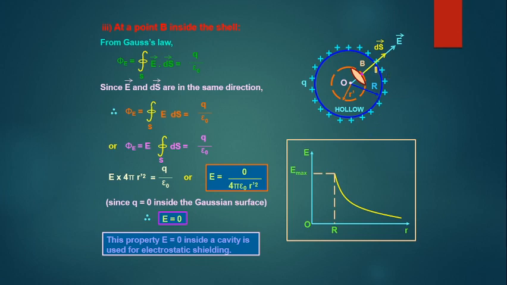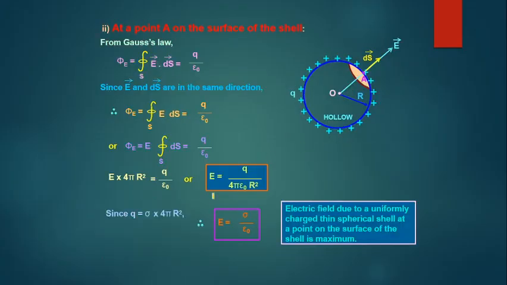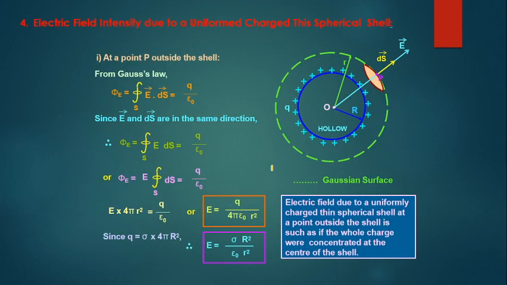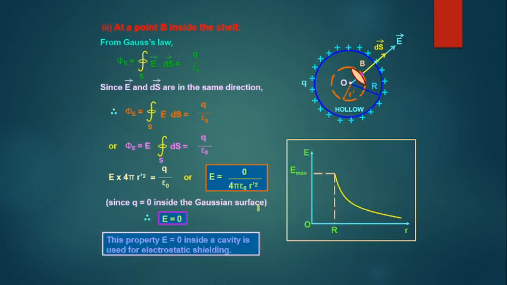Suppose the point P is just on the surface of the shell, then small r is equal to capital R, and the value becomes Q divided by 4 pi epsilon naught R square.